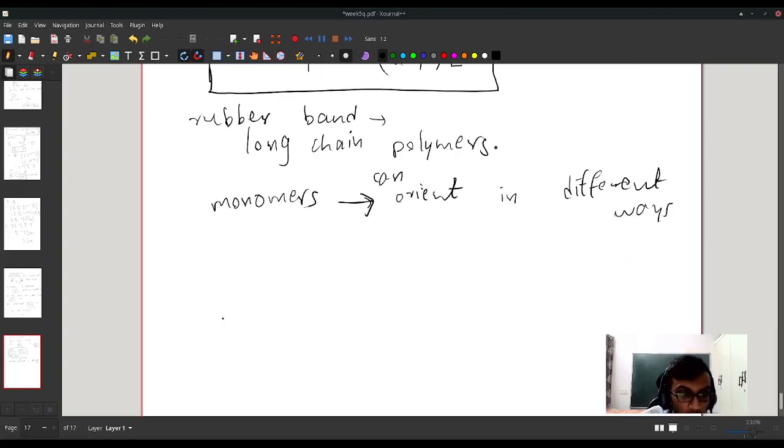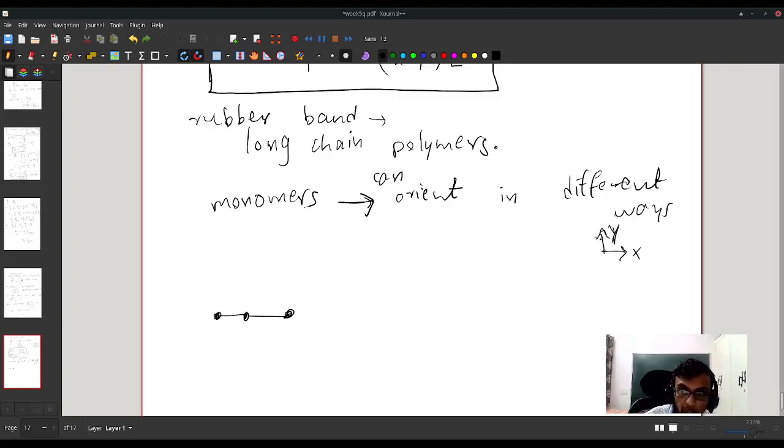So let's say we have a bunch of monomers, and they can orient either in the x direction or the y direction.